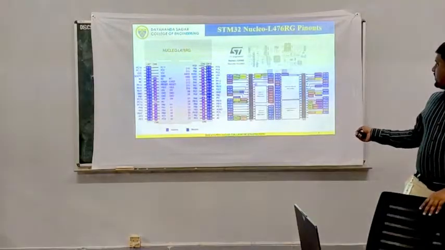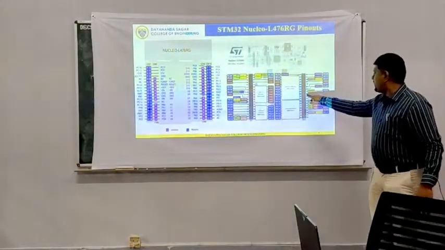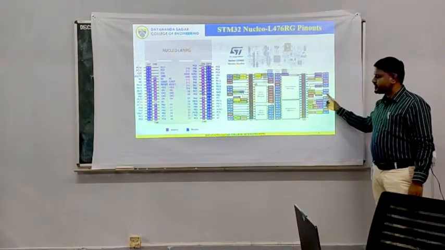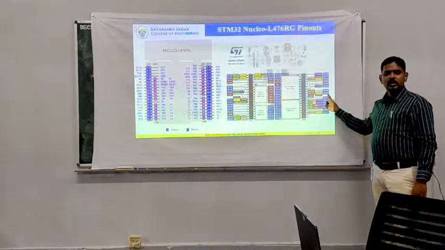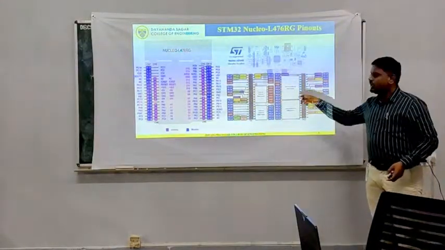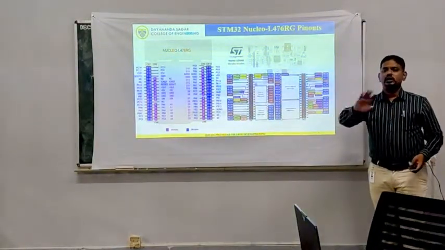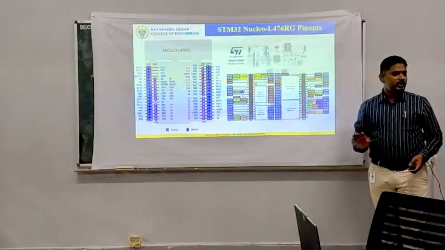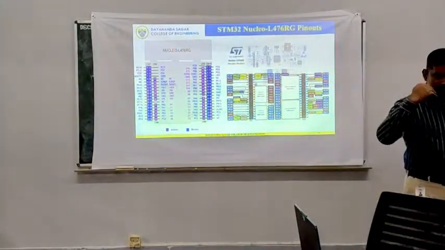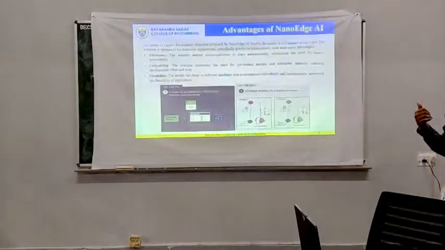If I take this pin, it has multiple functionality, and all of these are programmable. But with the Arduino board you can only use D0 to D13 or A0 to A5, that's it, nothing else. Here everything is programmable. To show how to do programming, I kept this as the first experiment.